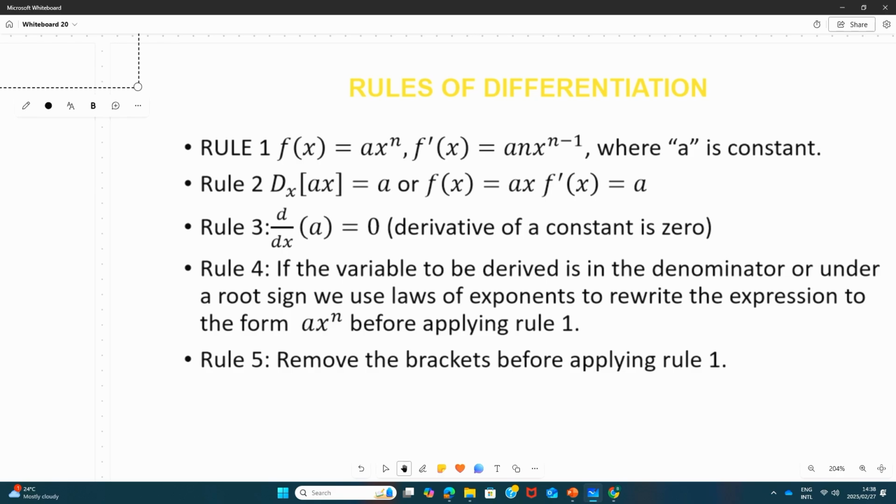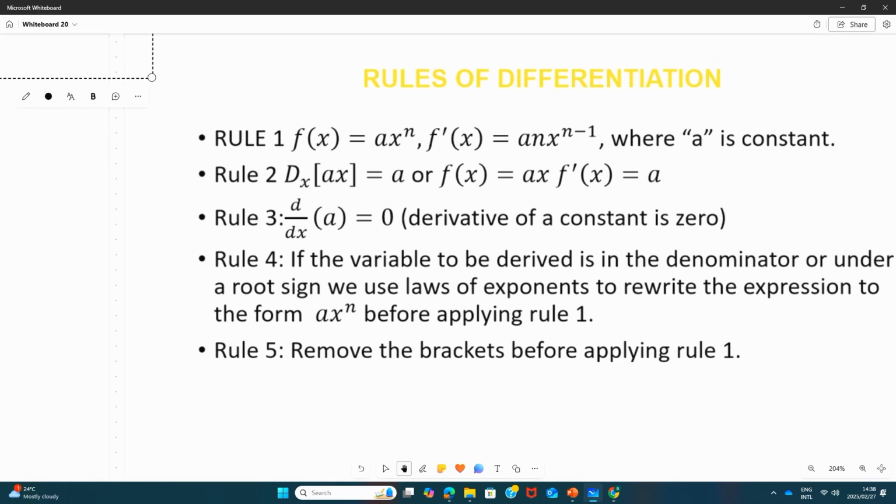It is a similar thing for f of x equals ax, then the derivative, which is f prime of x, because we write a derivative after we have differentiated, will be written as f prime of x equals a.